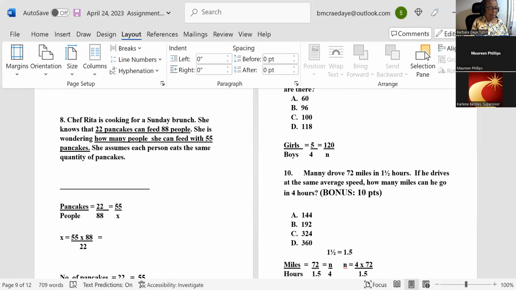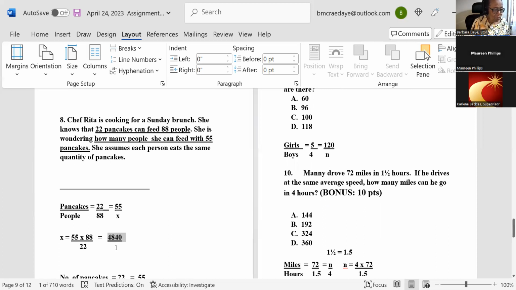I multiply 55 by 88 and get 4840. Okay. So you got 4840. That's correct. And you divide that by 22, and what do you get? 220. That is correct.